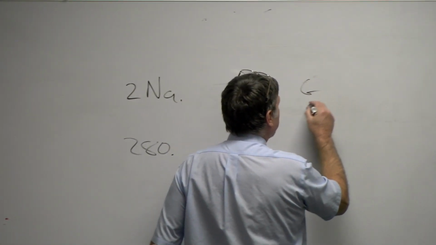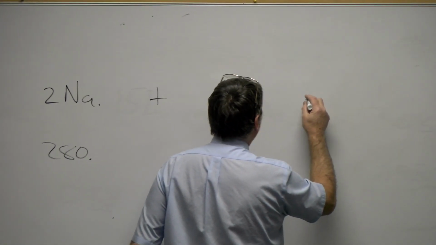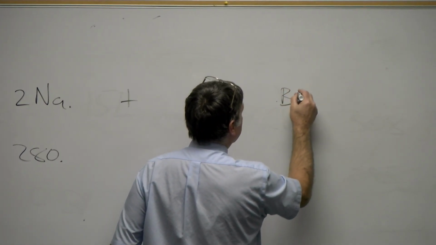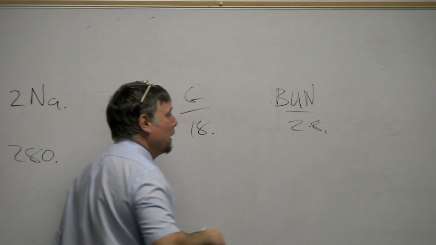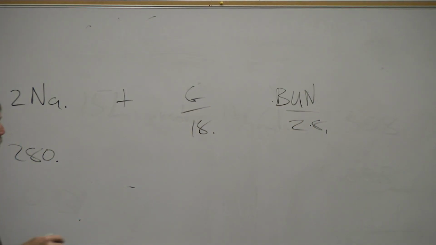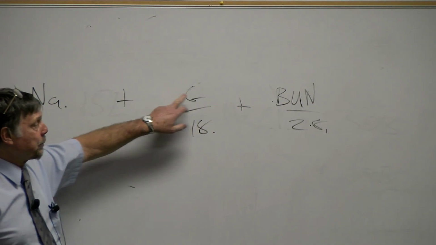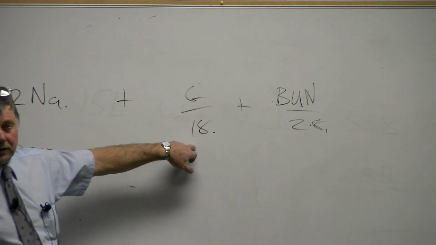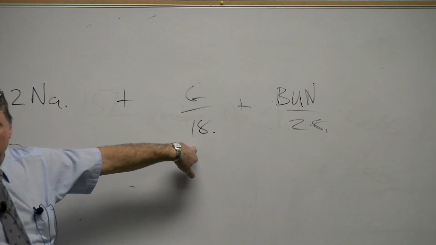So it's glucose over 18 and BUN over 2.8. Okay. So all these are measured in milligrams per deciliter, and this is just a conversion to moles. Okay, that's all that is.